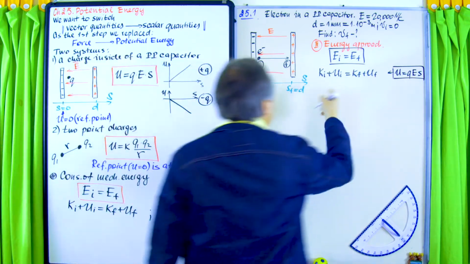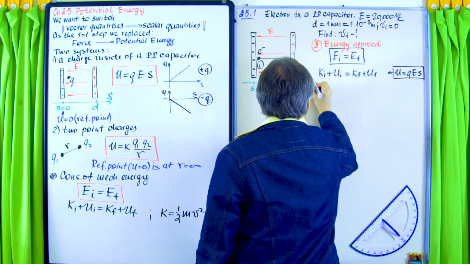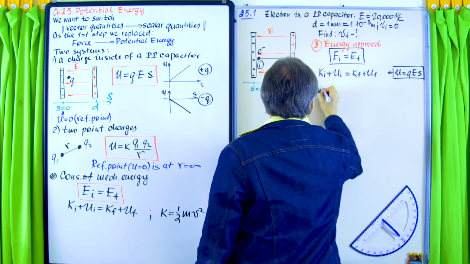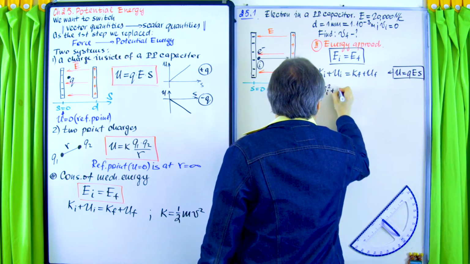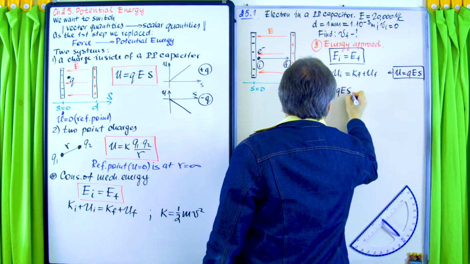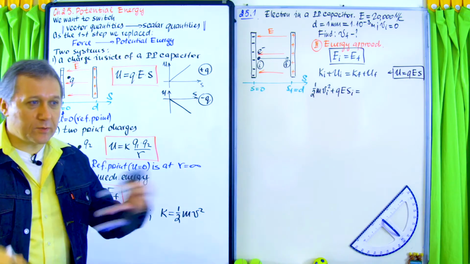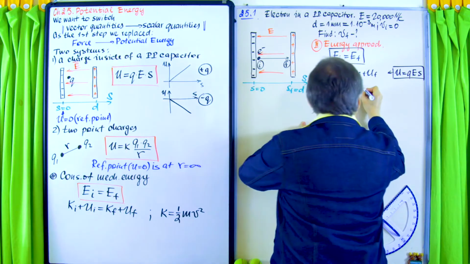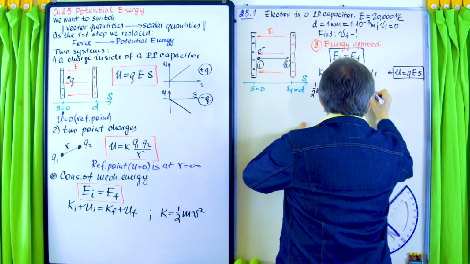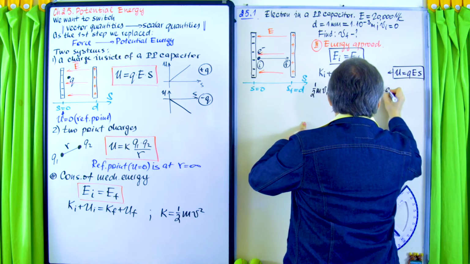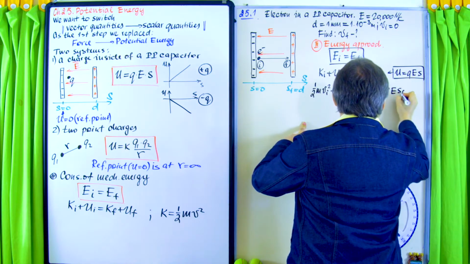Okay, so let me write everything explicitly: 1 over 2 m v initial squared plus q E s initial equals, and now exactly the same for the final point, 1 over 2 m v final squared plus q E s final.